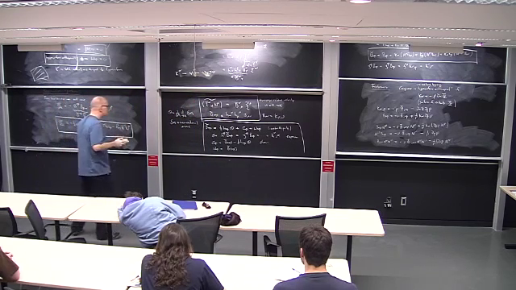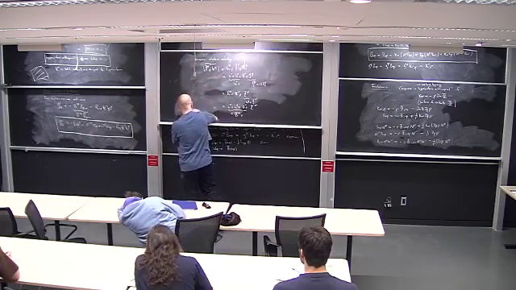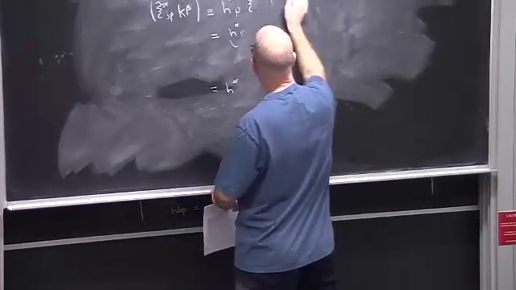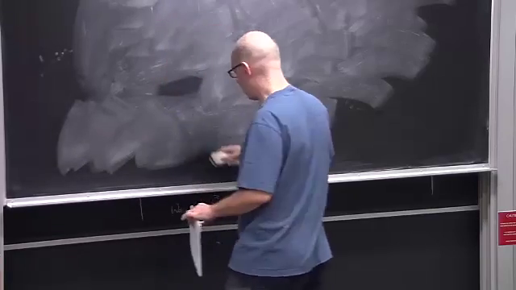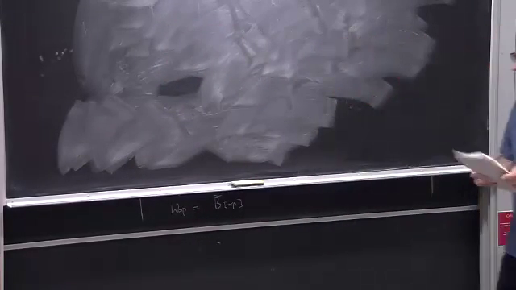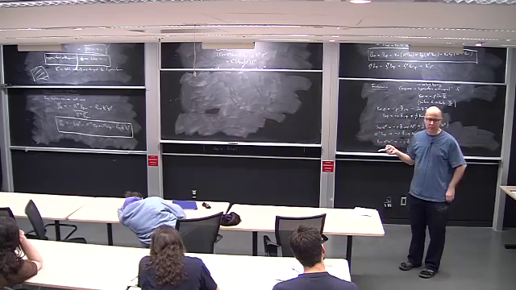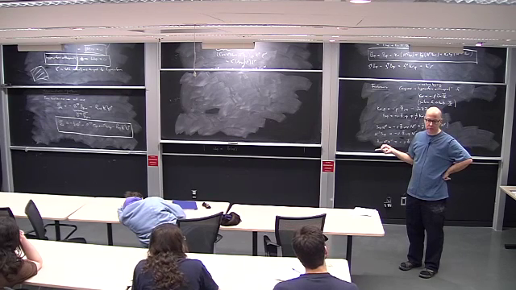In the timelike case, when I wanted to go from this equation to prove a focusing theorem, I had to declare that my congruence had to be hypersurface orthogonal. Well, I still have to do that here. But it turns out to be far less restrictive in the null case than it was in the timelike case. Because often when we want to apply the focusing theorem, and at least that's how we're going to apply it when we talk about black holes, we're going to be given null surfaces.